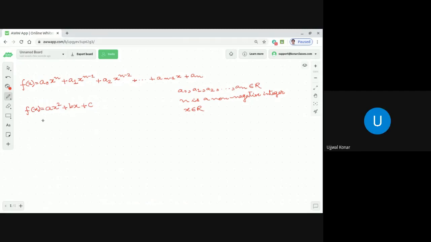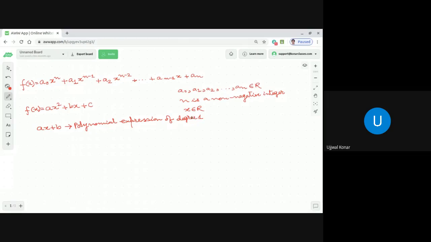Now, if we write something like this, ax plus b, okay, this is a polynomial expression of degree 1. Why degree 1? Because the power of x here is 1.